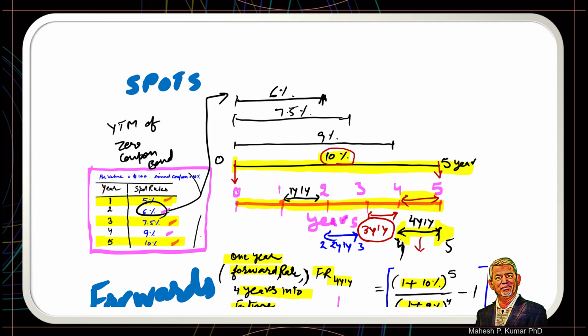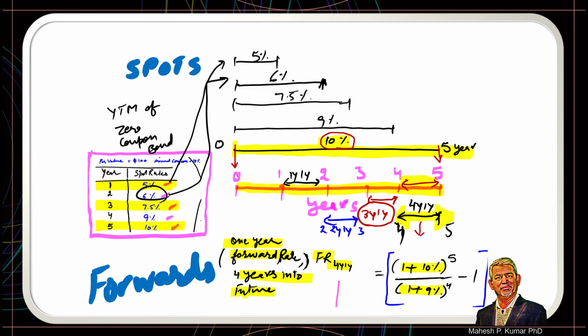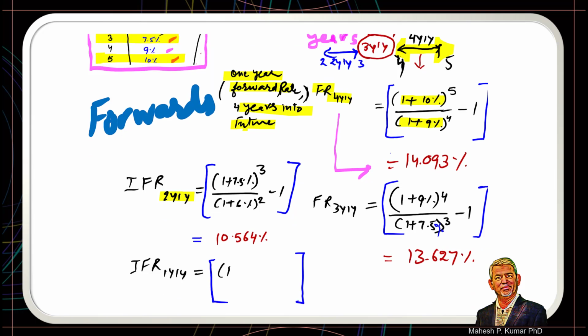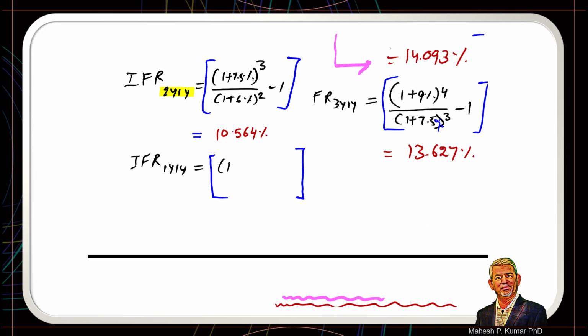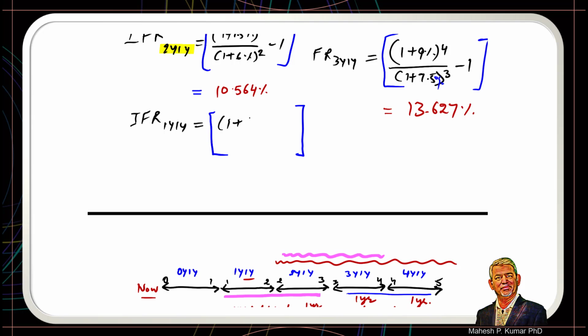But before we can put the numbers in the formula, we would need the information about the spot rate of the first year, which is 5% from the table here, and we will enter this information here. So 1 plus 6% exponent 2, 1 plus 5% exponent 1, minus 1.